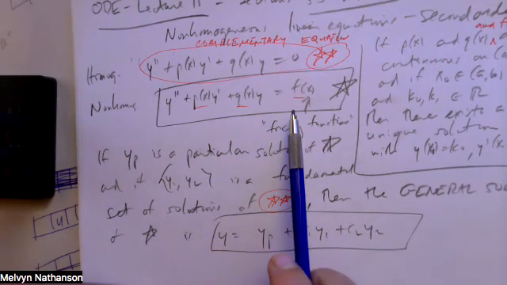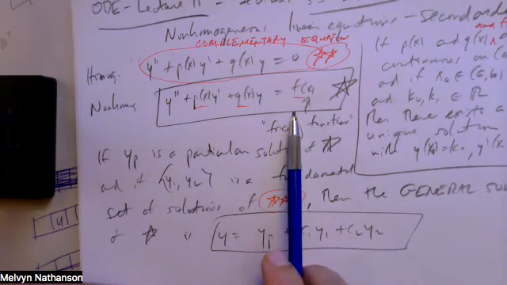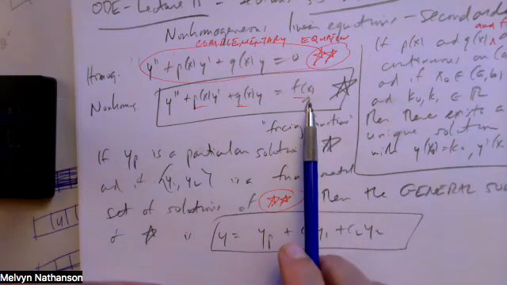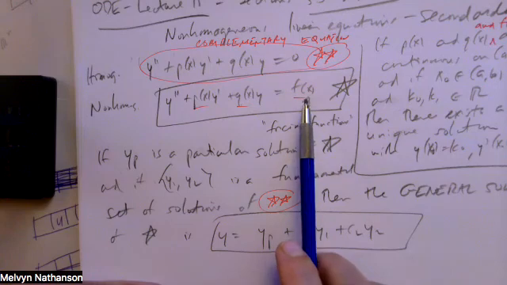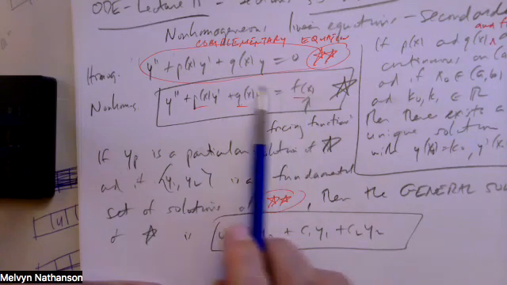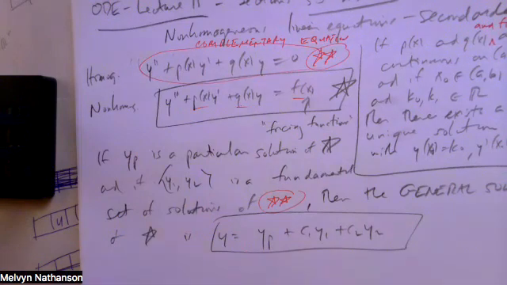So to solve the non-homogeneous equation in general completely, you just have to find one solution, a particular solution, and be able to solve the homogeneous equation.